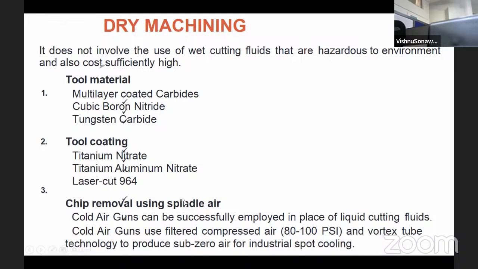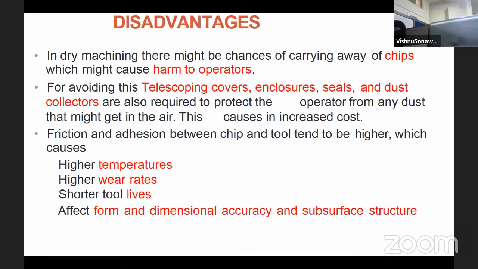As I said earlier, 80 to 100 pounds per square inch, or 6 to 8 bar air pressure, is required for this machining operation, and with that you can remove the chips through the spindle air.